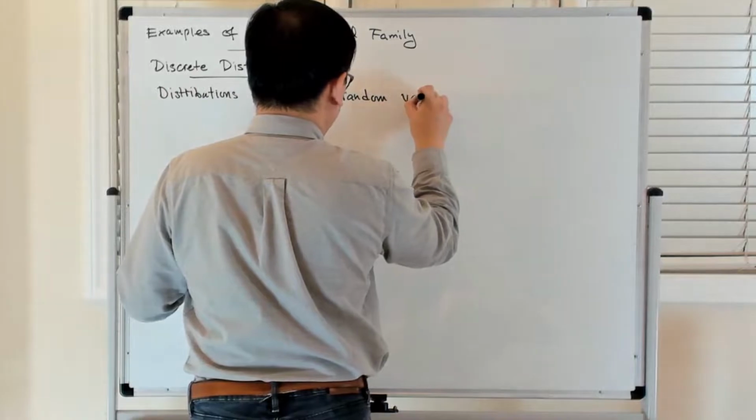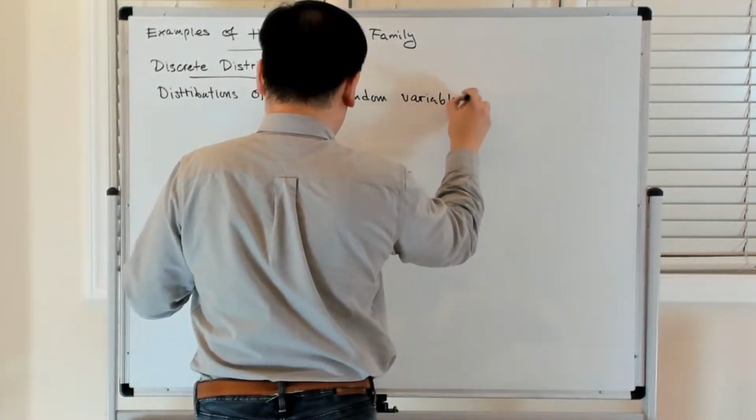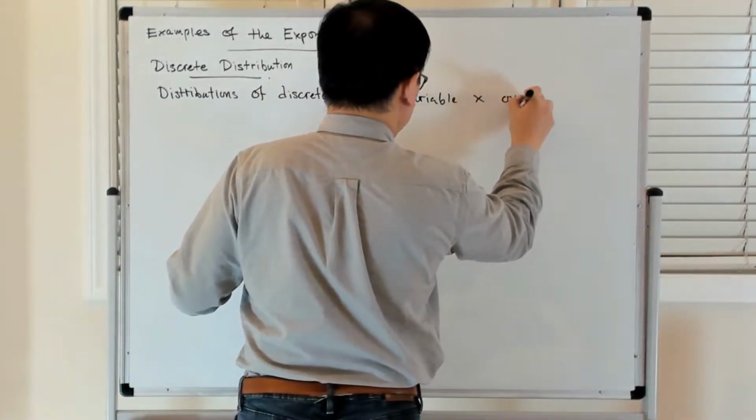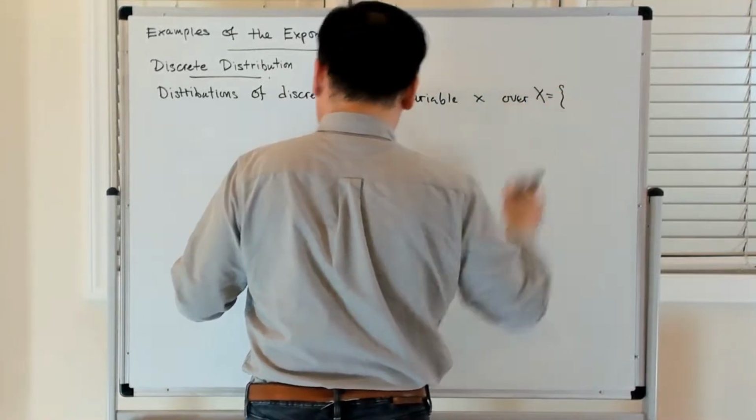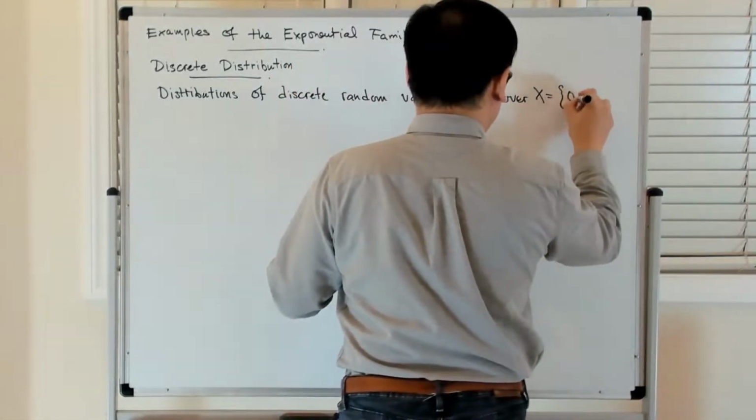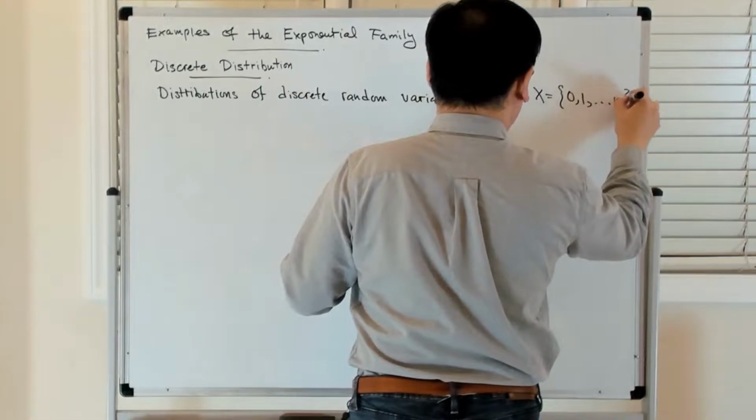A single discrete random variable x over some big set X takes values from 0, 1, all the way up to n.